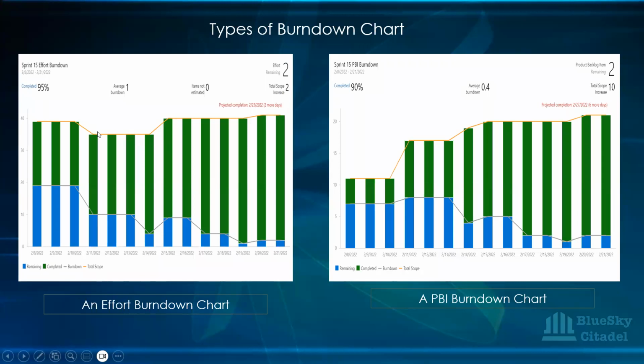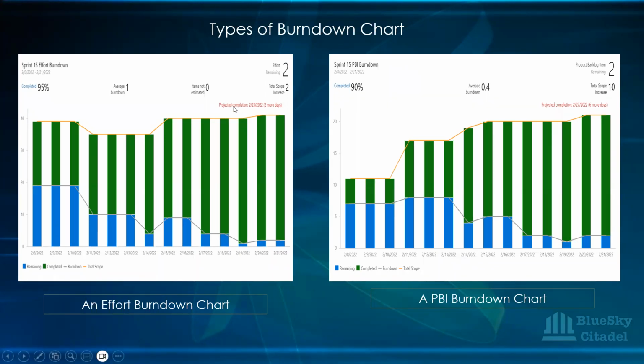Because over here, a lot of work has been reduced, but when it comes to this day, there was a scope increase. And the average burn down at the end of this sprint is an average burn down of 1. And then it's saying that regarding these 2, this 9% remaining is giving you a projection of when the sprint will be completed, which you cannot extend anyway, because it's a time box for just 2 weeks.